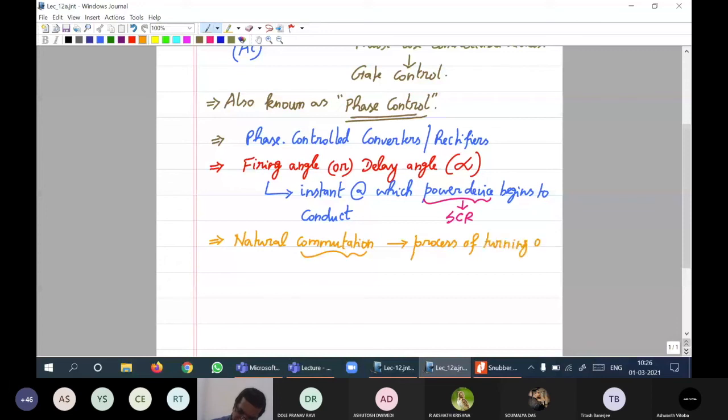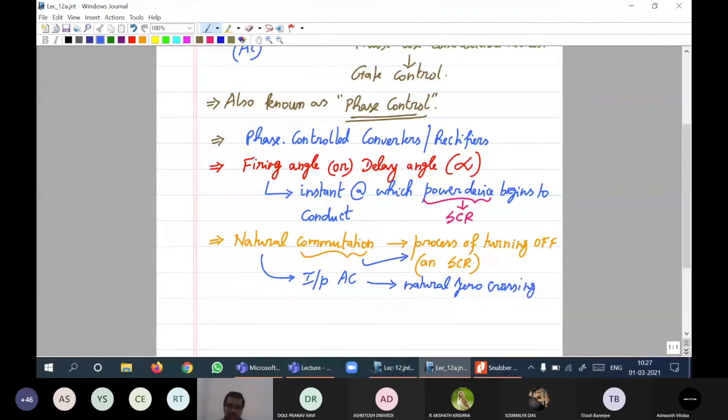In an SCR. Goes without saying, natural means, so this is actually commutation. And why do we tell natural? The input AC has natural zero crossing, which means the SCR will turn off naturally.